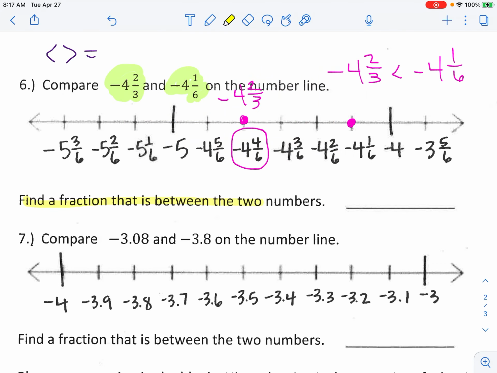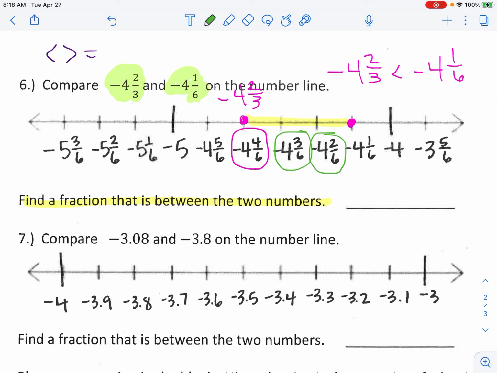Next task. Find a fraction that is between the two numbers. Well, we have a couple of choices here. I'm looking at this part of my number line. Find a fraction that's between those two numbers. So I could clearly choose either negative 4 3/6 or negative 4 2/6.